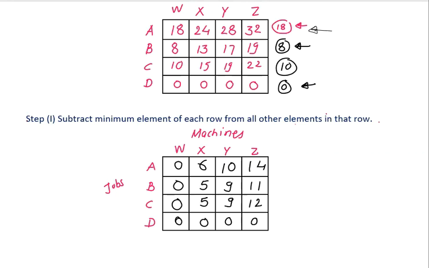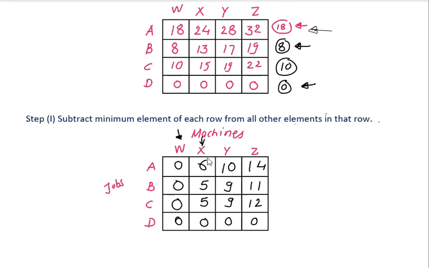Now let us apply step 2. Repeat step 1 for columns. Same procedure for columns now. If you look at column number 1, what is the smallest entry? The smallest number is 0, so subtracting 0 will not change column 1.